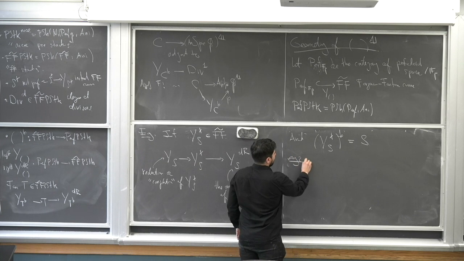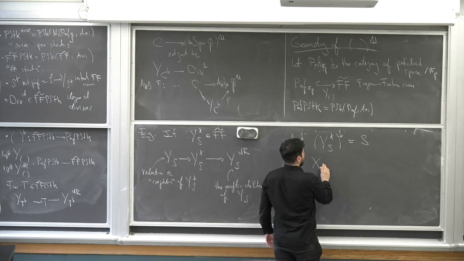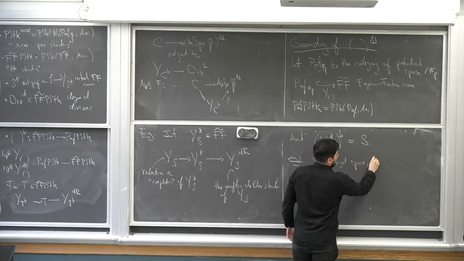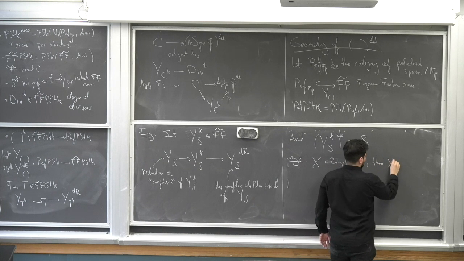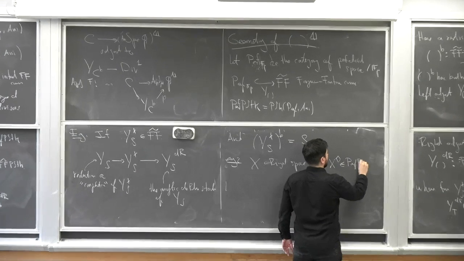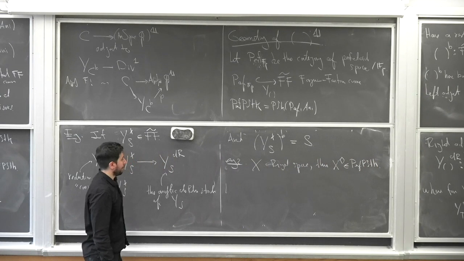Well, you have a second example here. So take the Rham stack of a space. Then we have the usual definition of the diamond, the category of maps from perfectoid rings.